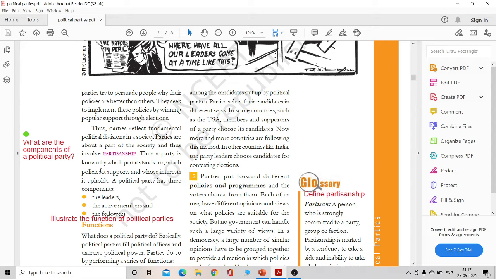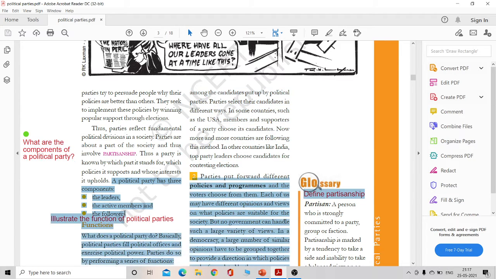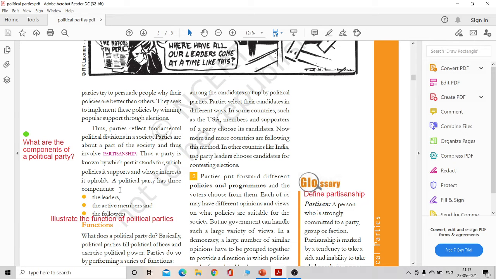The answer would be a political party has 3 components: the leaders, the active members, and the followers. In this case, you have to elaborate upon each point. The political head of a party would be the leader.